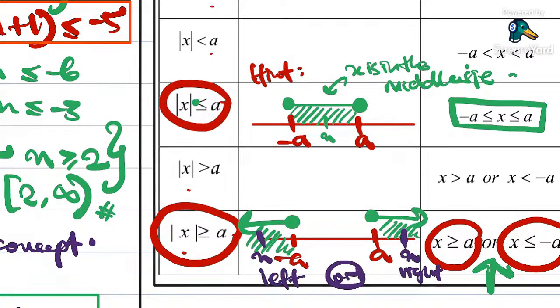This word is "and". It means that x will be greater than or equal to negative A. Because here, of course, x is bigger than negative A. Okay, if you know how to read inequalities, that's what I meant.